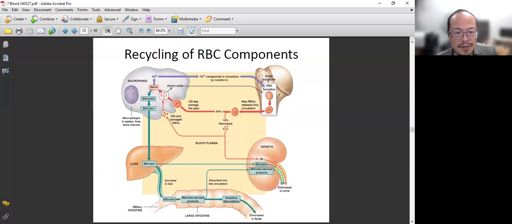Heme has a heme portion, and the iron gets transported back to the bone marrow by transferrin, and then heme gets converted into biliverdin, and then bilirubin, and then the bilirubin will be unconjugated and get transported to the liver.